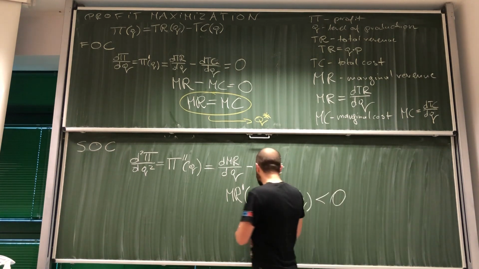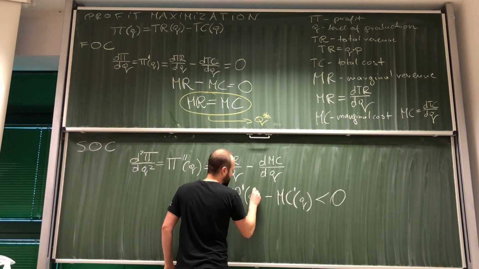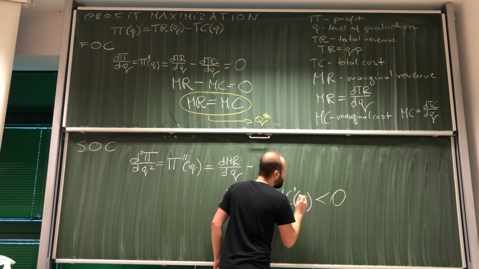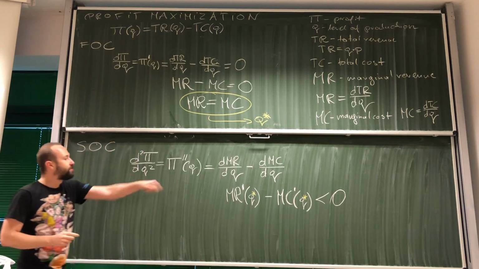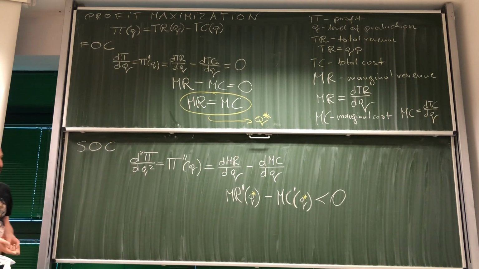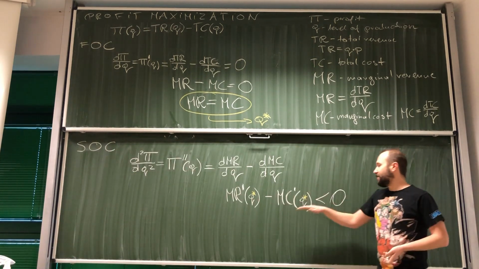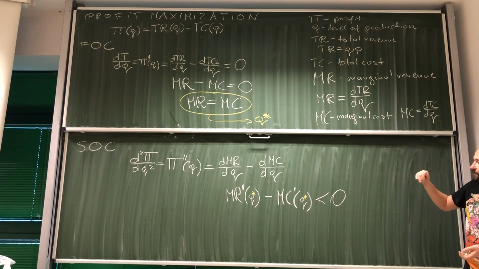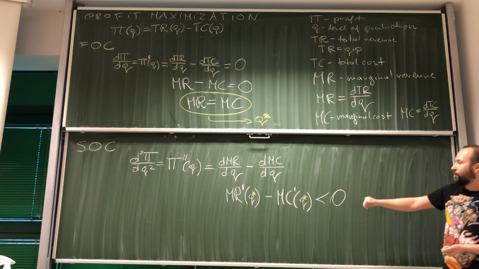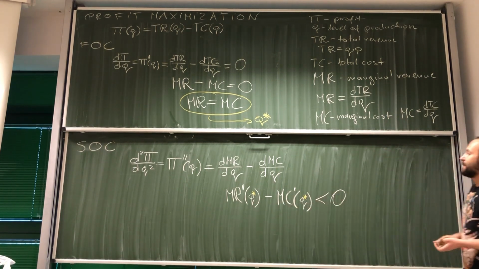So we simply substitute within this condition every possible q, and we are looking for the level of production for which this expression is actually negative.